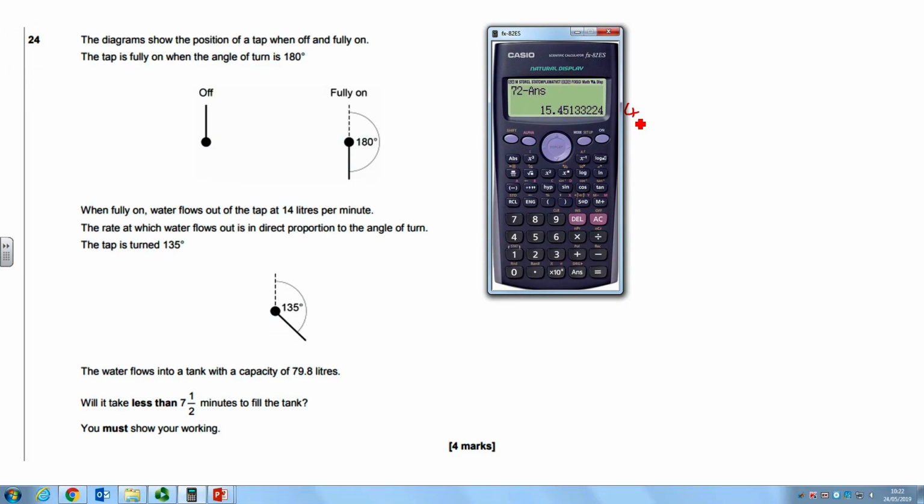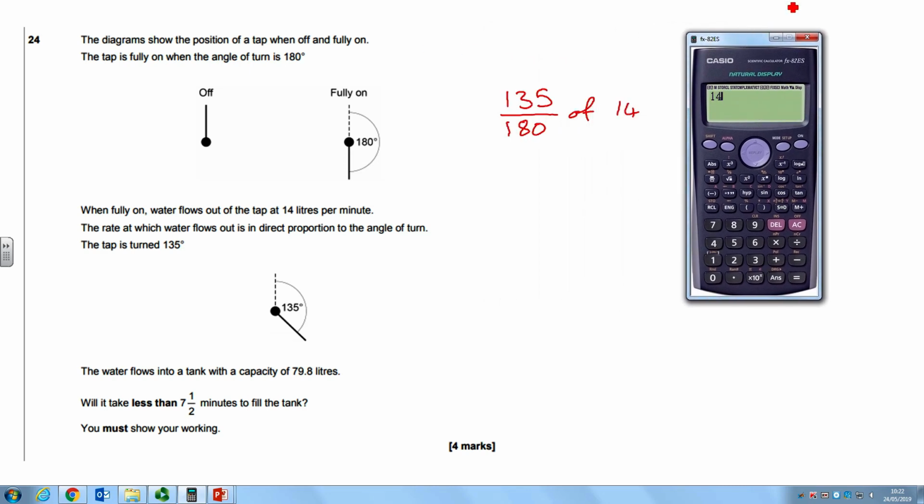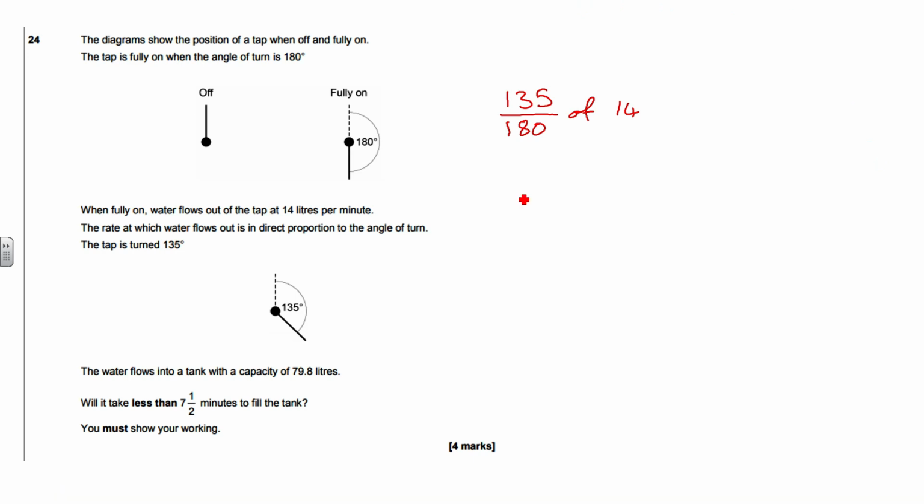So we can do that the long way or the quick way on the calculator. So we could start with 14, divide it down by 180. That's 1/180th of 14. Then times that up by 135. And we can see that we're getting 10.5 litres per minute.